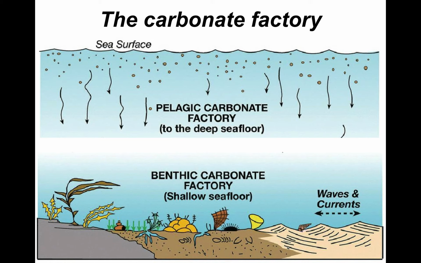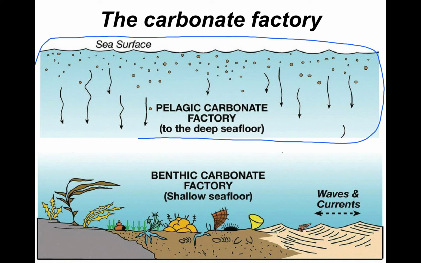Carbonate is produced in the oceans in two main types of carbonate factories. The pelagic, or open ocean, carbonate factory, shown here, produces carbonate at or near the sea surface in the open ocean.